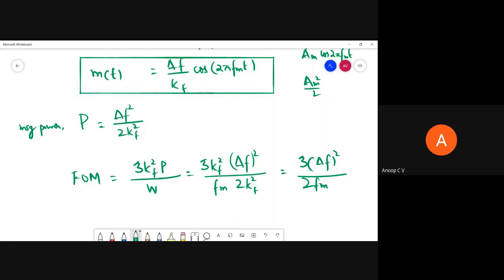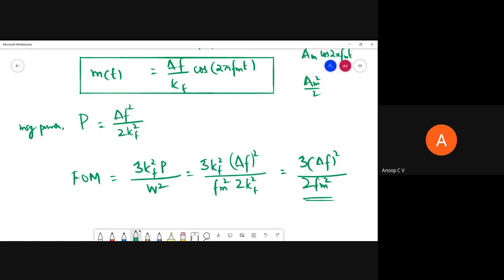So that is the figure of merit. Now delta f is given, fm is given, so you can easily find the figure of merit. So it should be w square. I'm really sorry. It should be fm square. So that is 2 fm square. So 3 times delta f square divided by 2 fm square.